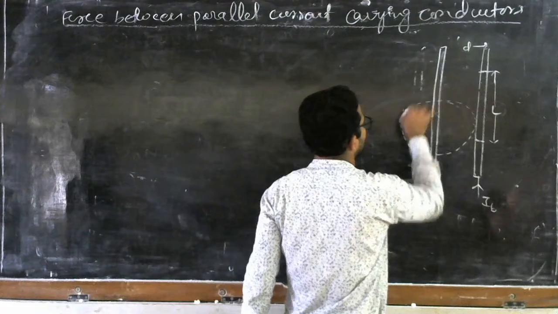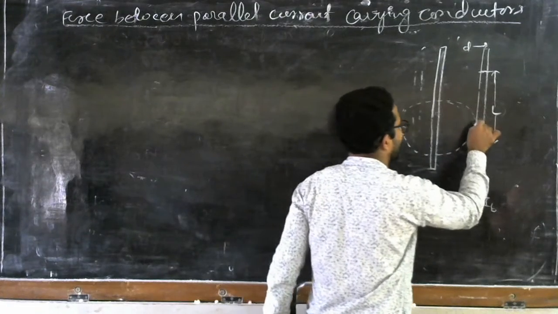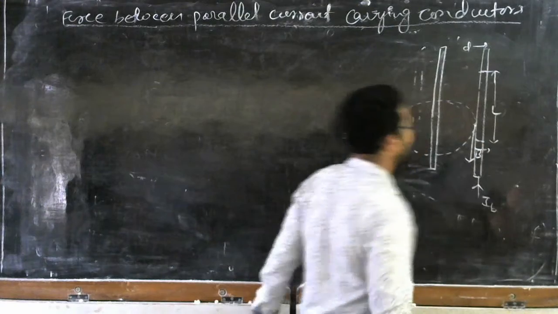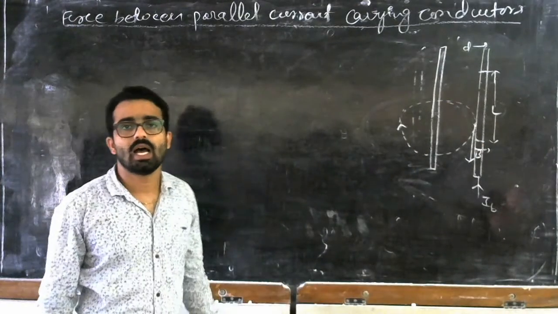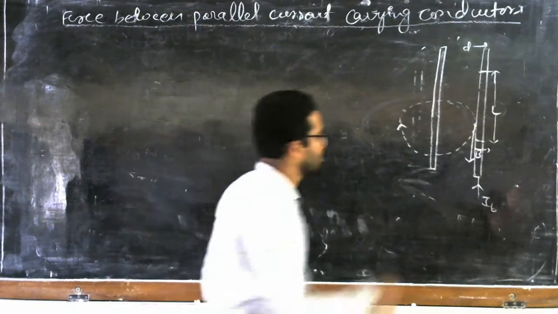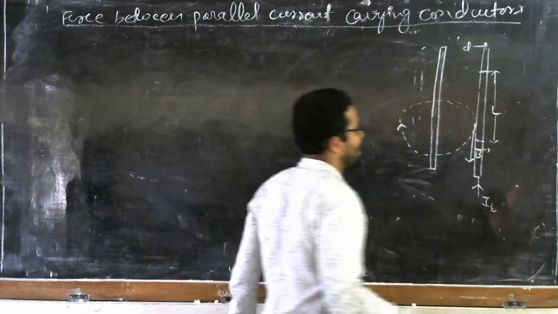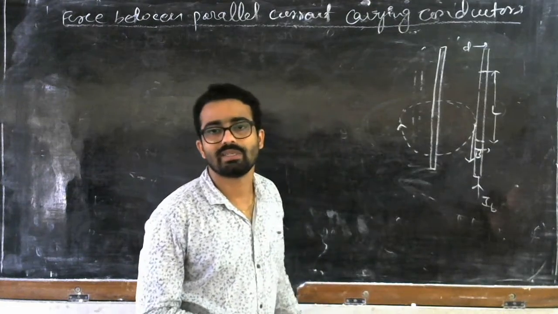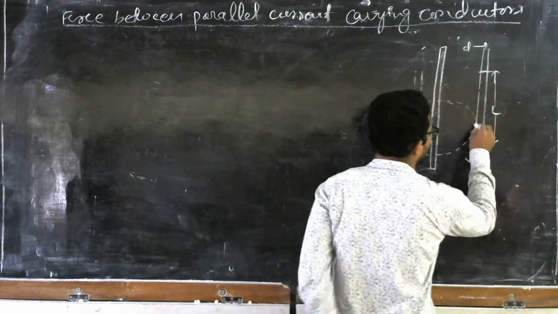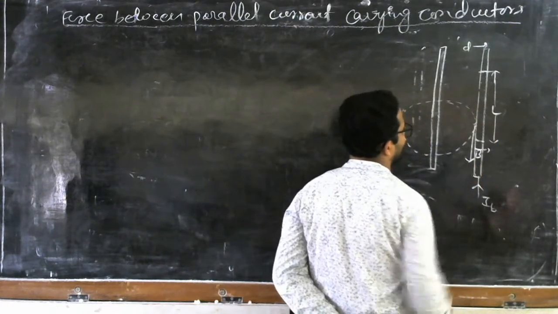At this point, the direction of magnetic field is downward. To find the direction of magnetic field, draw tangents to the magnetic field lines. This is the magnetic field line; by drawing a tangent to it, it represents the direction of magnetic field at that point. So at this point, the direction of magnetic field is like this.